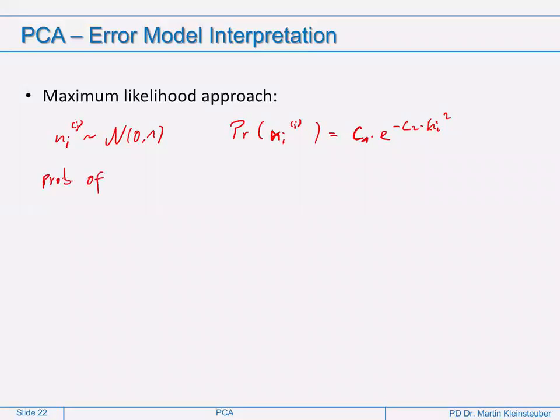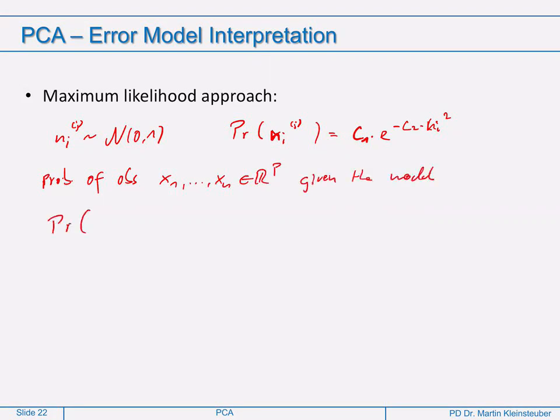And so what you do is, the probability of the observations x1 to xn in R^p given the model.